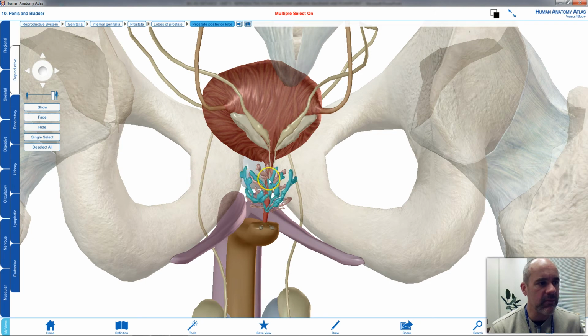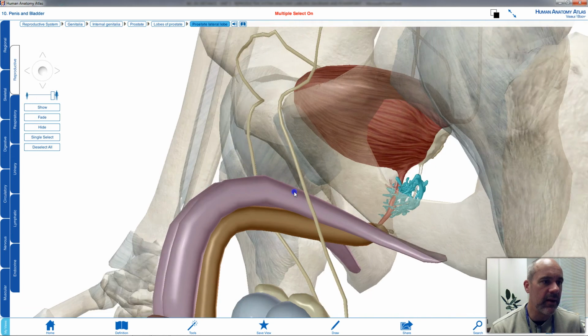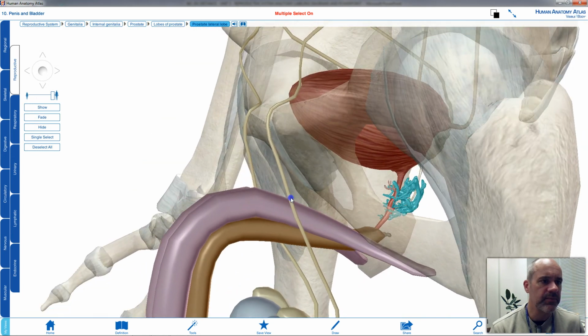And in here, we're not going to study these structures. These are some of the internal structures of the prostate that are producing prostate secretion. So the prostate gland is also an exocrine gland that secretes fluids that also become part of the semen that's going to be ejaculated out of the male when that occurs.